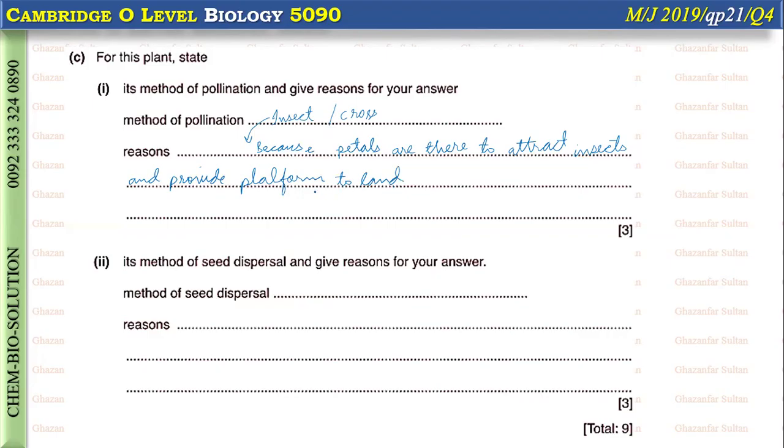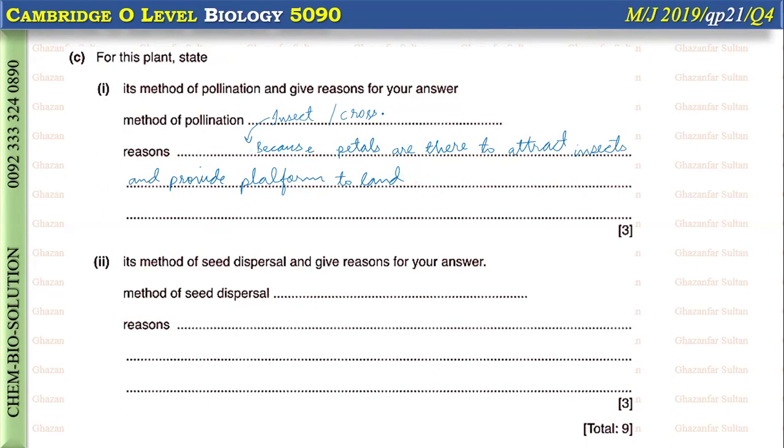So that's why the pollination is by insect, because the petals are there to attract insect and provide a platform to land, means insect can land over there.